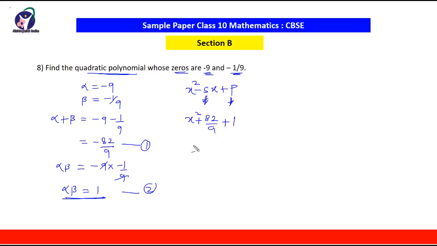Multiply by 9, so here 9x square plus 82x plus 9. So 9x square plus 82x plus 9 will be the required quadratic polynomial.